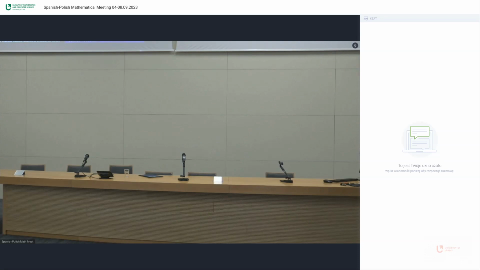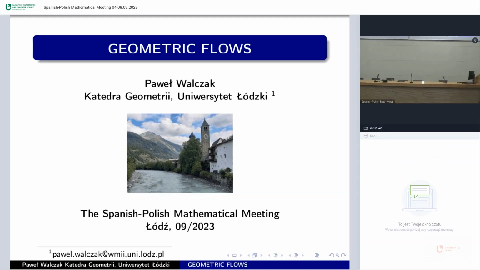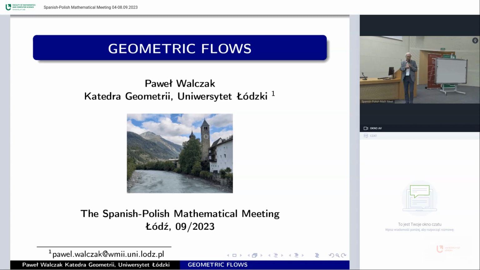This will be a relatively short lecture about geometric flows. You can see a flow of a river here. The river is called Inn.